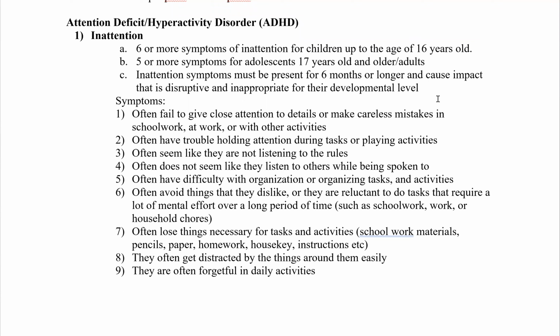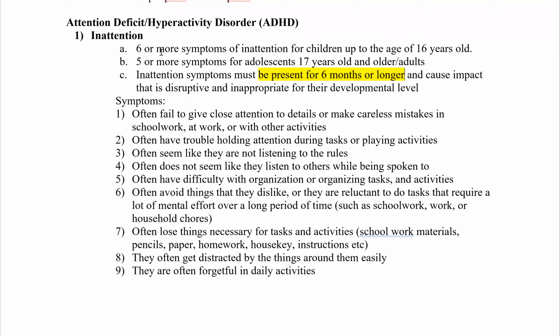The inattention symptoms must be present for 6 months or longer, and cause impact that is disruptive and inappropriate for their developmental level. So keep that in mind as we go through the different criteria.